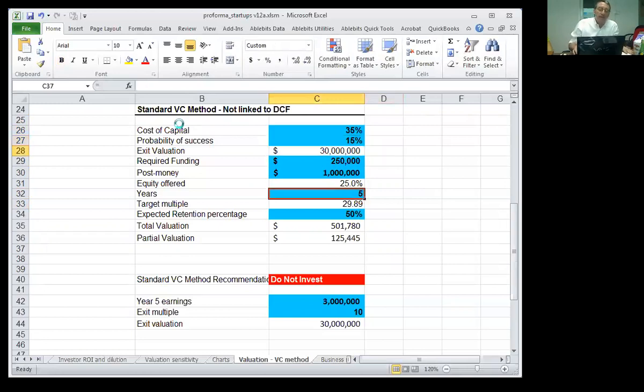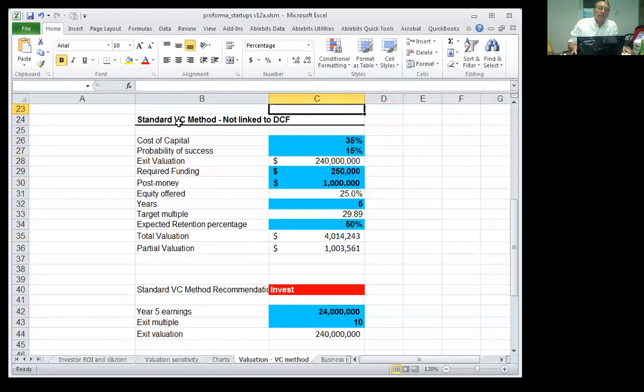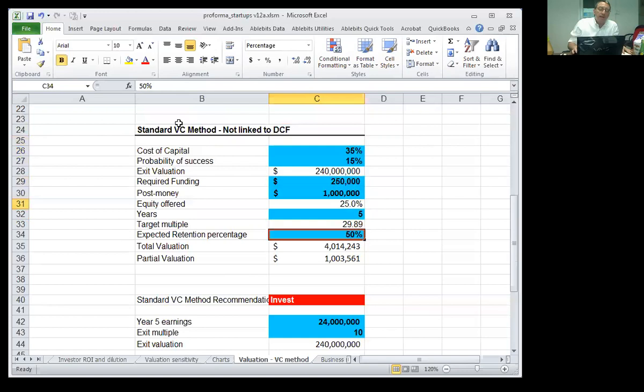And for exit valuation, if we use what we just talked about, 24 million, 10 times earnings, 50% expected retention percentage, you can see we got the exact same result, around 4 million total valuation.